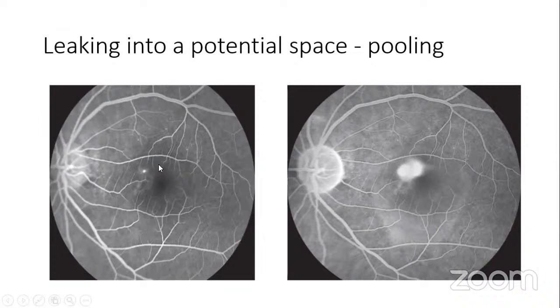This phase, if you look at the vessels, you have your retinal artery. This is the vein. The vein is beginning to have some laminar flow. The central part is empty. At this phase, you still have your background choroidal hyperfluorescence.